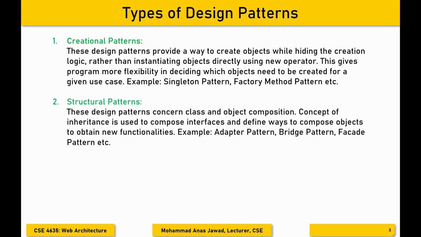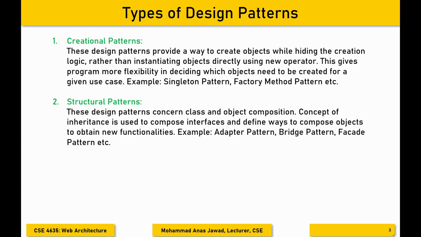Next, we have the structural patterns. The structural patterns are concerned with the ways different classes and different objects are composed. They use the concept of inheritance to provide multiple ways different classes or different objects can be composed, so that depending on the kind of need, we can implement the same class or the same object in multiple ways.